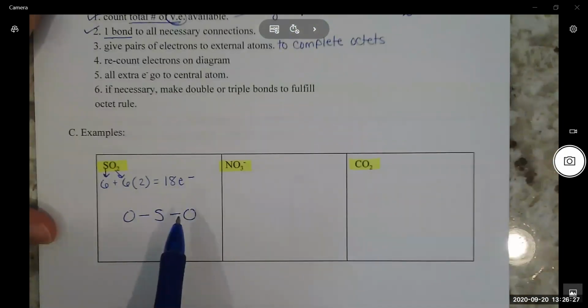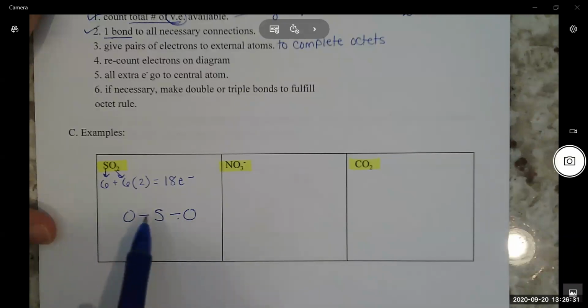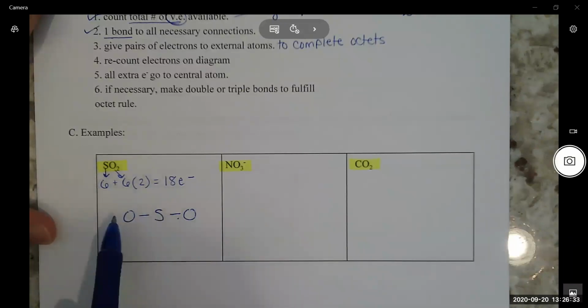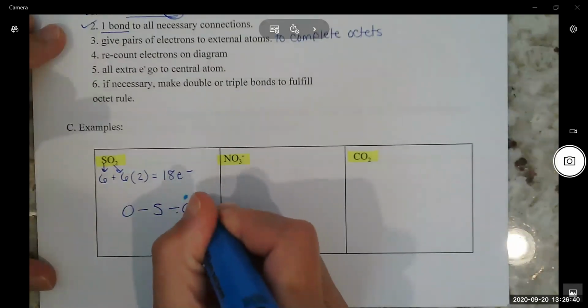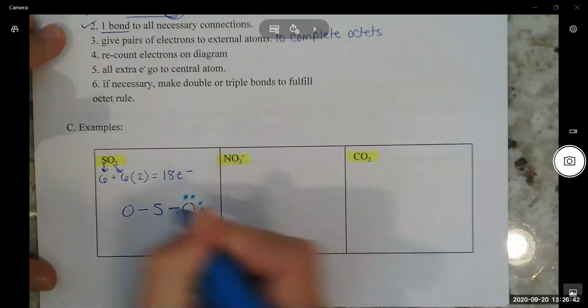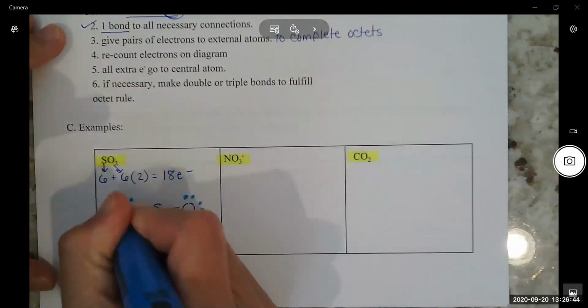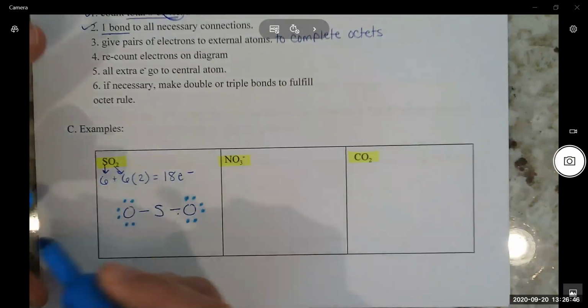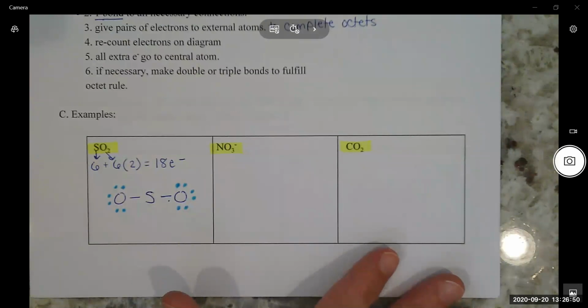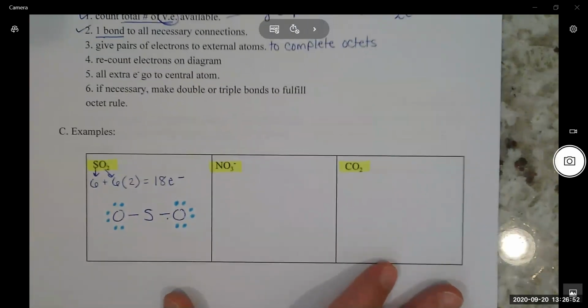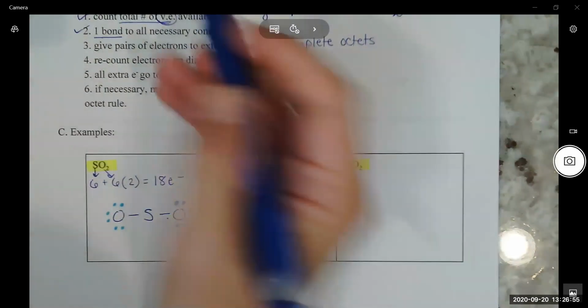This line represents 2 electrons being shared between sulfur and oxygen. This line represents another 2 electrons being shared between sulfur and this oxygen. So I'm going to draw pairs of electrons around the outside of my external atoms so that I complete the octets. All right, that was step number 3.